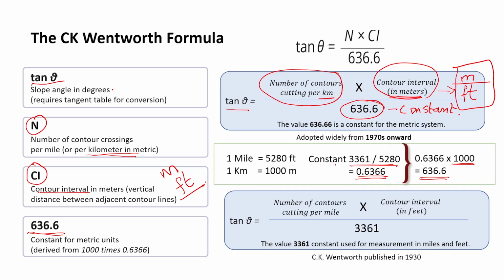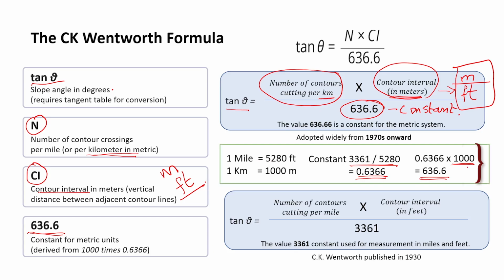So, the constant is derived by dividing this and arriving at the value 0.6366, and if it is in meters, we are going to be multiplying it with 1000, arriving at 636.6.